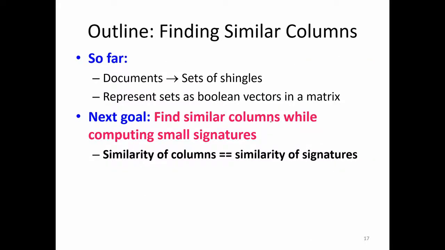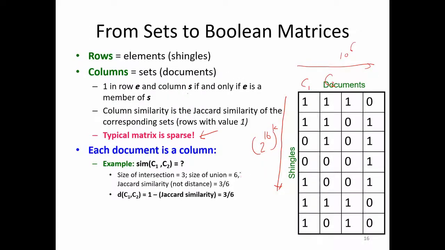One important thing to notice is that because you are dividing intersection by union, the shingles which don't appear in either of the documents naturally don't count. You may have any number of shingles, but only the shingles which appear in this pair of documents count. That is an important property of the Jaccard similarity.